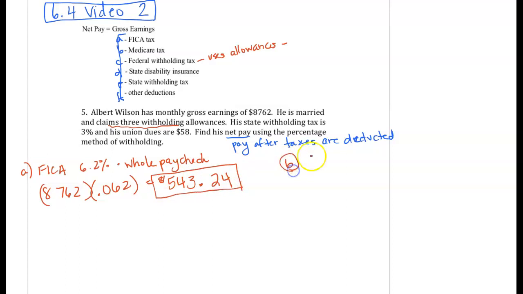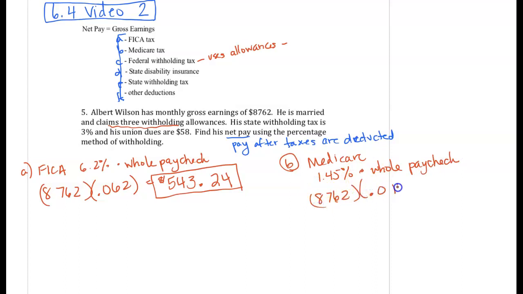Part B is Medicare, and that was 1.45% times the whole paycheck. Take our $8,762, the decimal equivalent 0.0145, and multiplying, I have $127, and when rounding, 5 cents.